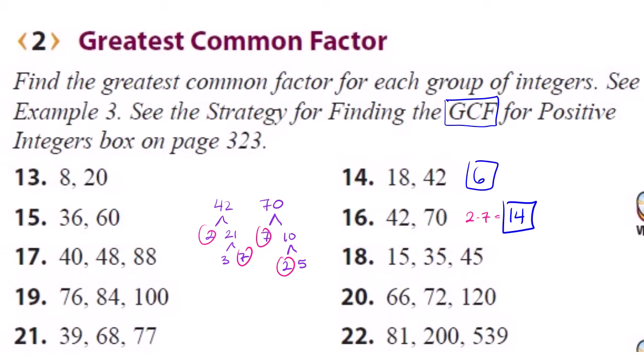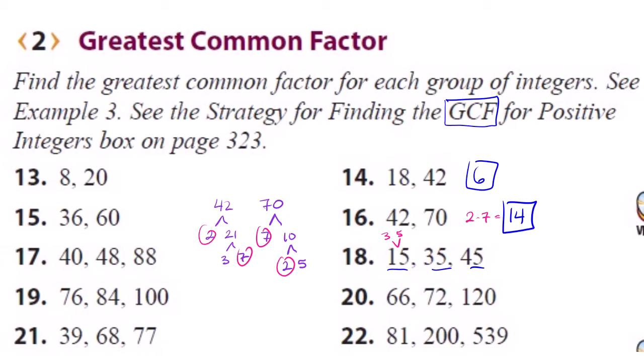All right, so 18. So I know 5 goes in all these numbers, right? Sometimes you can use intuition, right? 5 goes in all these numbers. The only other number that goes into 15 is 3. So remember, for it to be a common factor, it has to be common with all 3 of these terms. So does 3 go into 35?